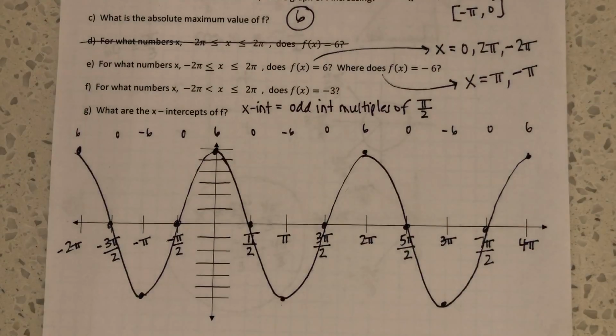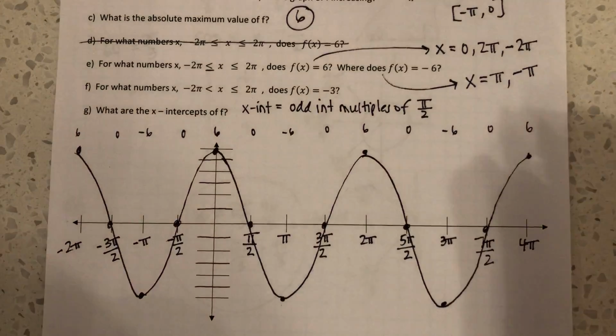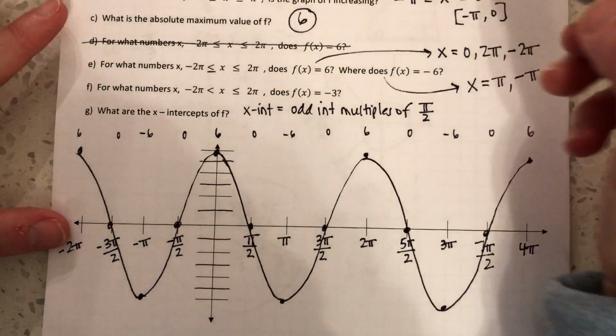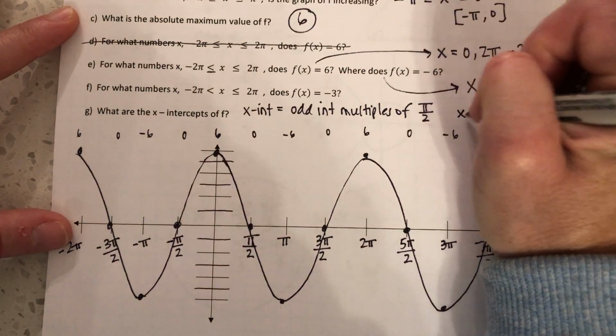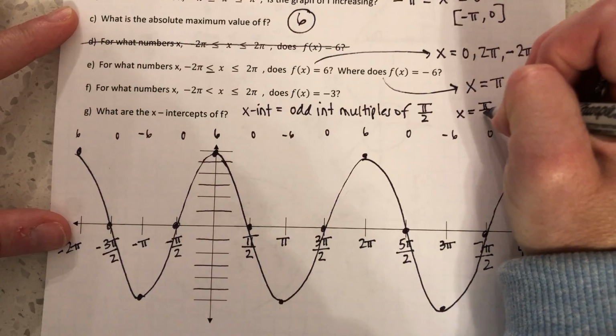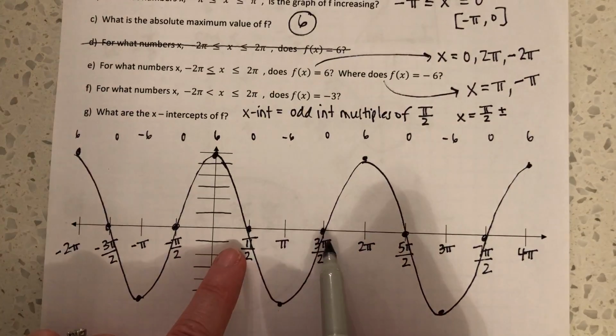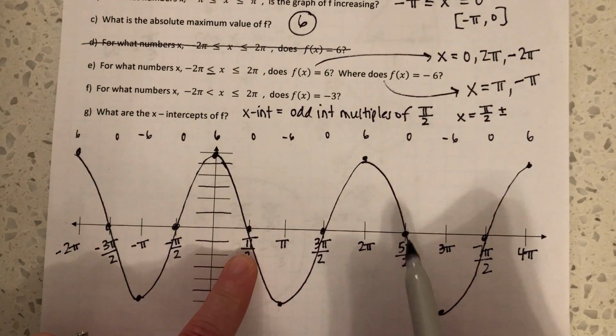Okay, and then the way we write that out in the fancy notation that we use is you would say when x equals pi over 2 was the first one, and then plus or minus how many radians away from him is the next x-intercept?